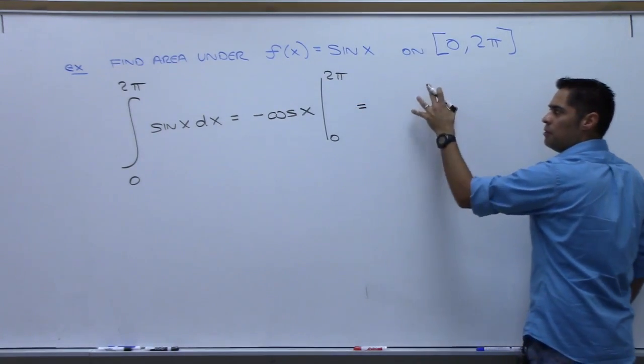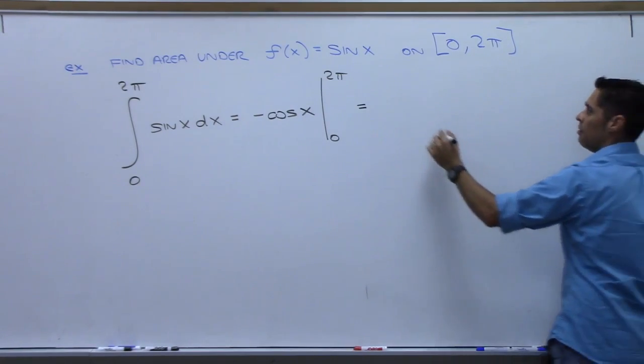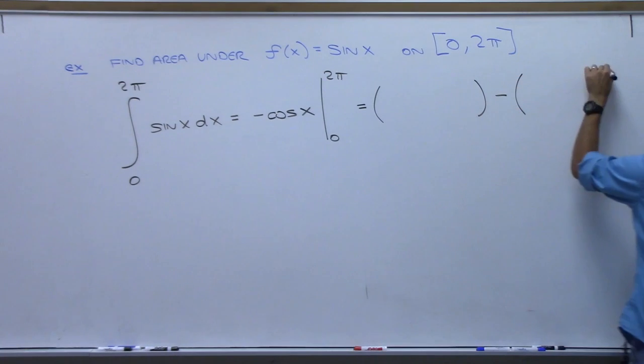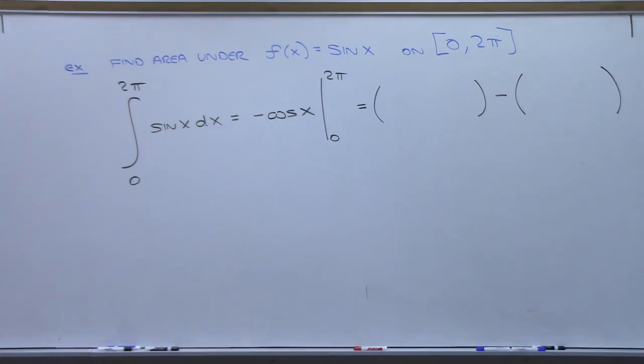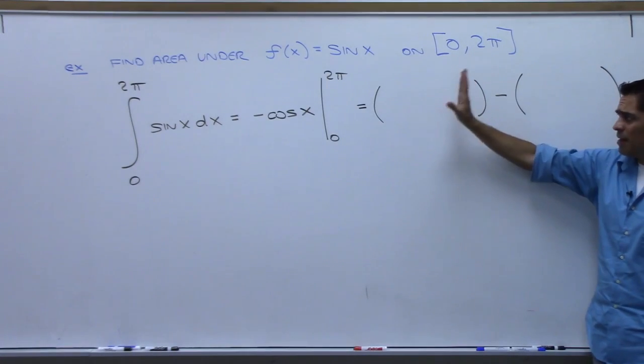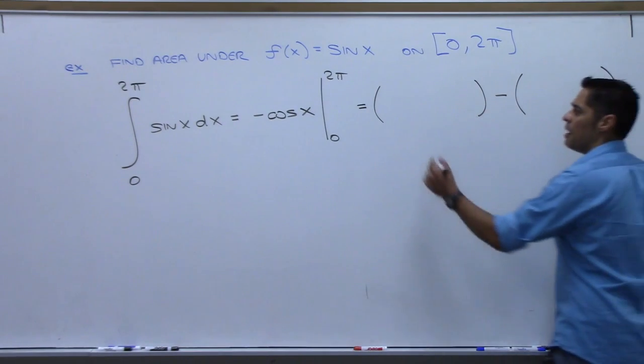Now we're always going to do 2 pi in first, then subtract what we get when we plug in 0, right? Because things start to get a little more complicated, not necessarily in this problem, a lot of times I'll just set up the two pieces first. Like parentheses, here's going to be my capital F when I plug B in. Parentheses here, here's what I'm going to get when I plug A into capital F. So first I plug in 2 pi.